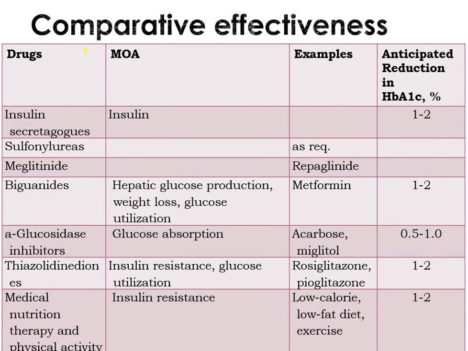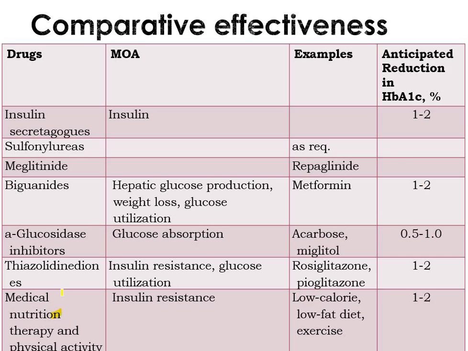This slide describes the comparative effectiveness of some pharmacotherapeutic agents for diabetes, like insulin secretagogues, sulfonylureas, and here the oral preparations biguanides and alpha glucosidase inhibitors, thiazolidinedione derivatives, and then medical nutrition therapy and physical activity.